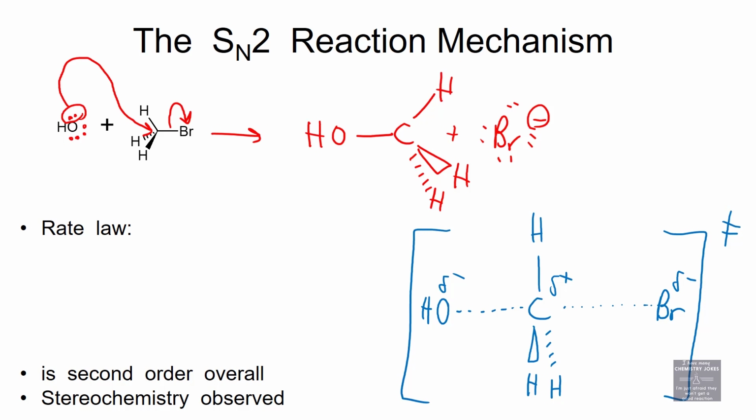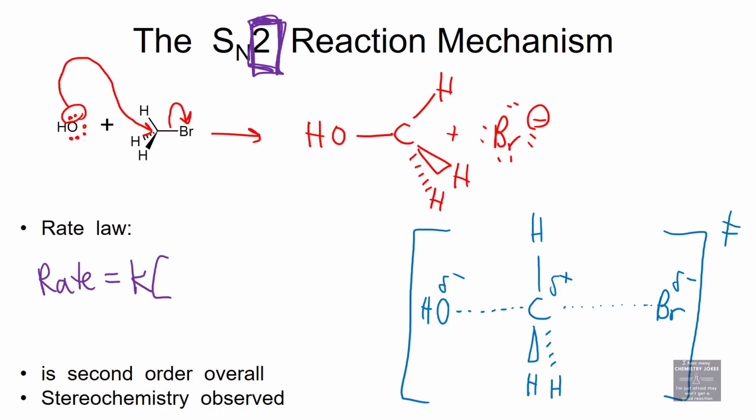This says, let's write the rate law. What? That's old GChem stuff? Yeah. Rate law stuff. This SN2, 2 stands for bimolecular. What that really means is that two things are colliding in the rate determining step. So this rate law looks like this.